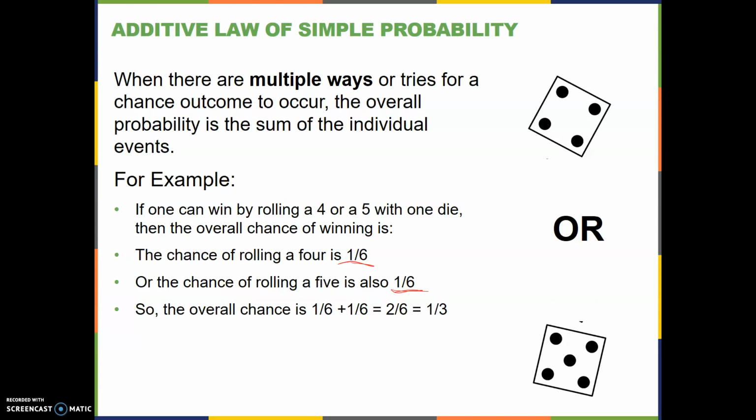But you can also just add up. This is the sum rule of probability. You can add up the 1/6 plus the 1/6. When I do those types of problems, I'm old school, I put them like that.